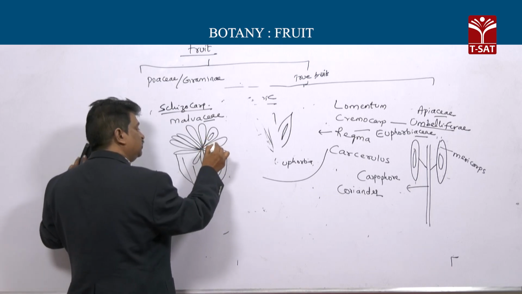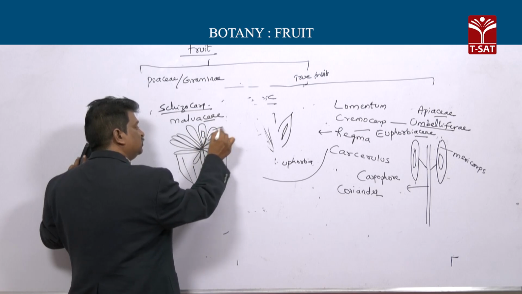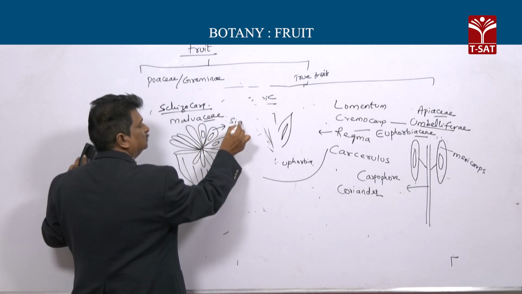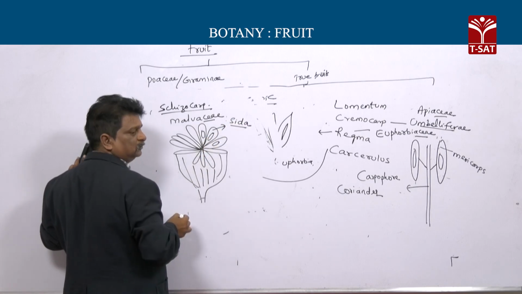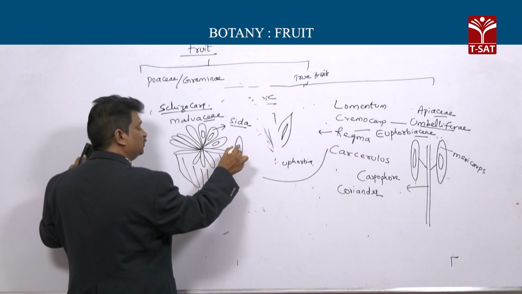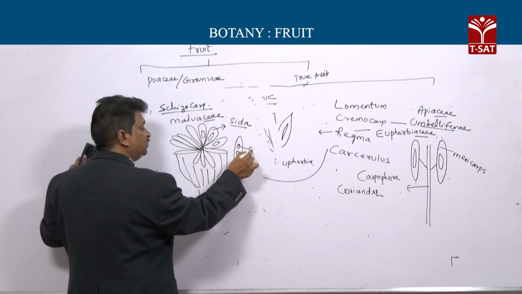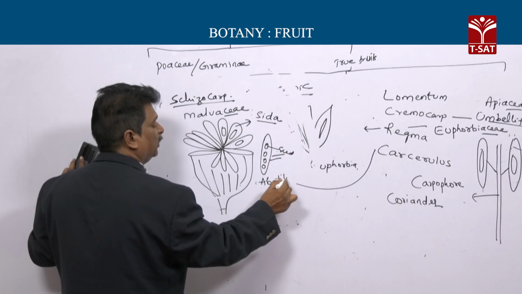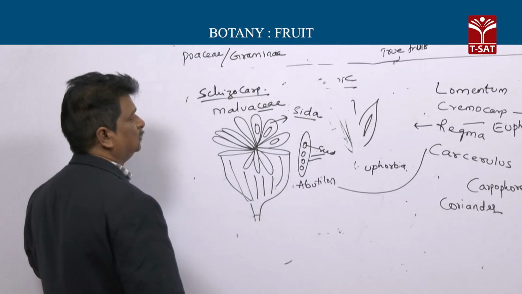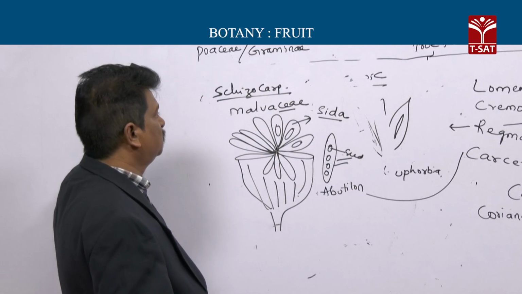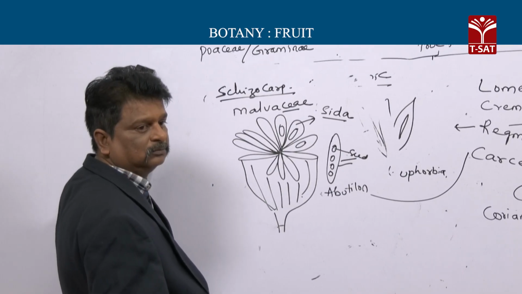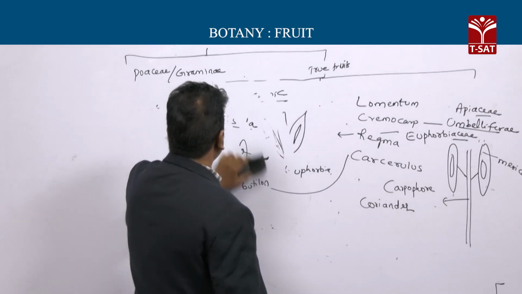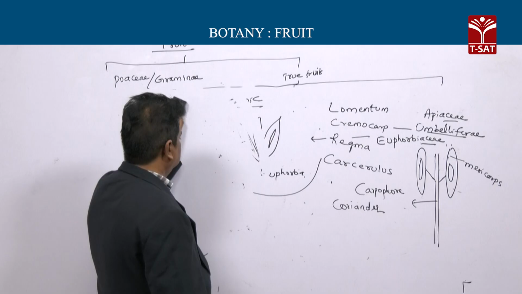The fruit breaks into single-seeded bits in Sida, or it breaks into multi-seeded bits in Abutilon. So these are schizocarpic fruits. So under simple fruits, we covered fleshy and dry fruits.